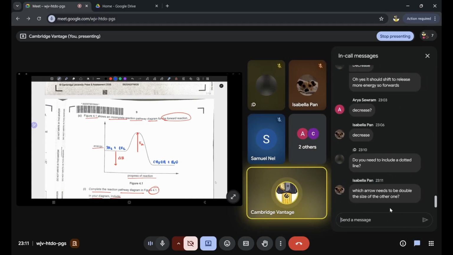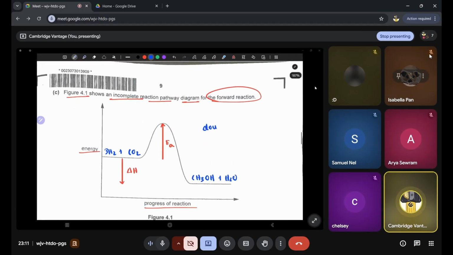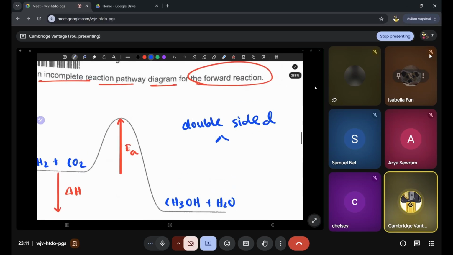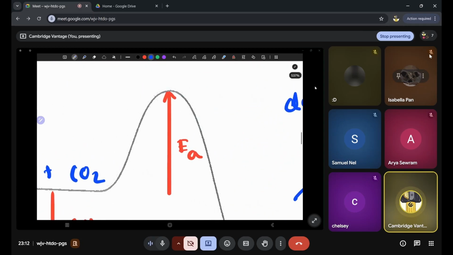All right, Isabella, which arrow needs to be double the size of the other one? Oh, I meant double-sided, like an arrow with two heads, this and this. It's never going to be a double-sided arrow. It's always going to be a single arrow with only one arrowhead. It won't have two arrowheads.